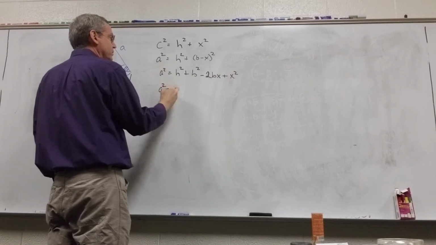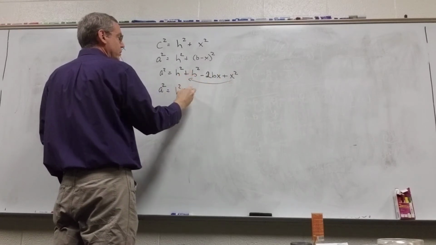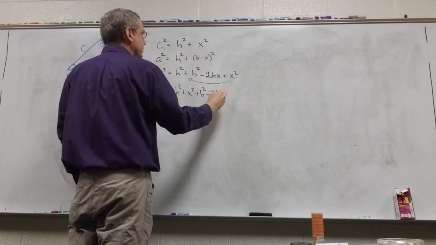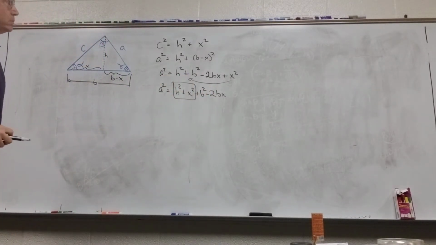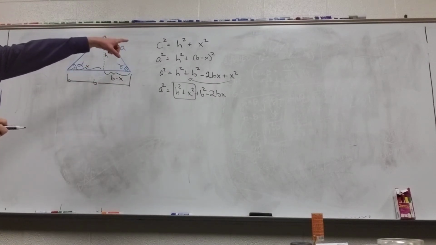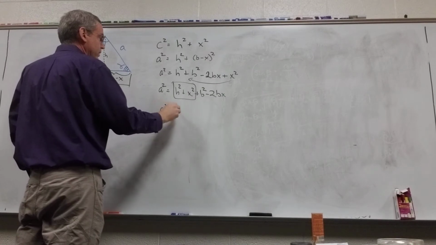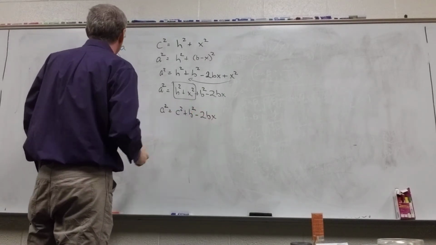So a squared is equal to h squared, just rearranging the formula here, bringing this over, plus x squared plus b squared minus 2bx. H squared plus x squared, that's just c squared. So a squared is equal to c squared plus b squared minus 2bx.